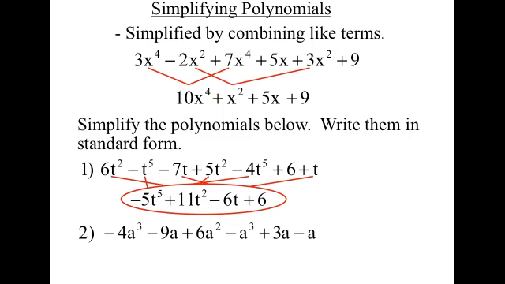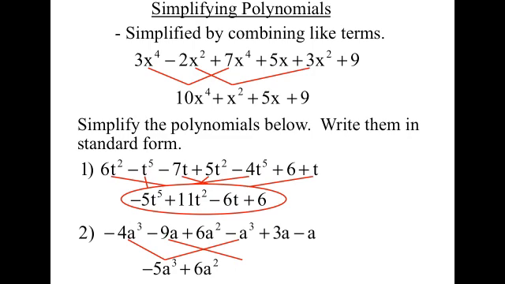All right, now check your work. Negative 5a to the 3rd. We put 6a squared because there's nothing to combine with it.